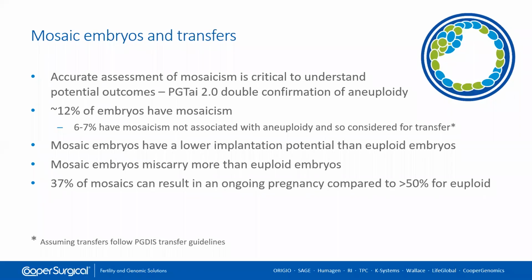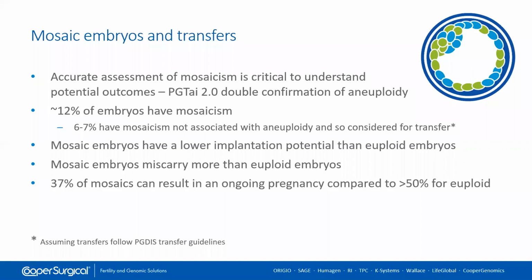Again, as a company, we believe in openness. We report every chromosome we see and the level of mosaicism to allow you and the patients and the clinicians to have an informed choice as to whether or not to transfer that embryo and the risk associated with it.